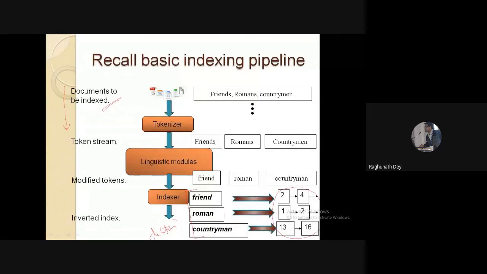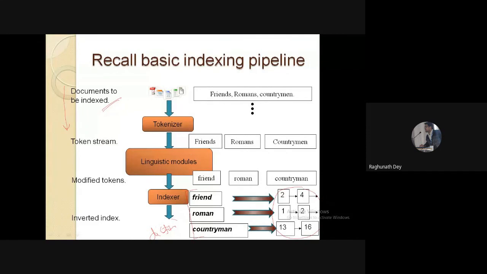Someone can write friend, someone can write friends, so it will depend upon the user. So we have to reach a particular term which is similar to friends, which is similar to friend, which is similar to capital letter Friend, which is similar to small letter friend, as well as which is similar to first letter capital and the rest small.